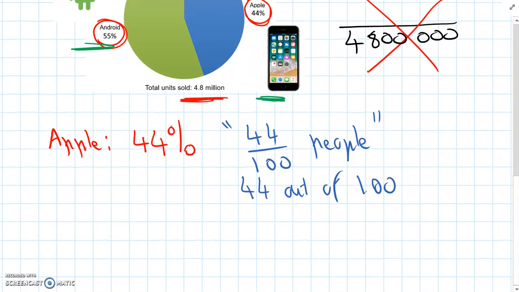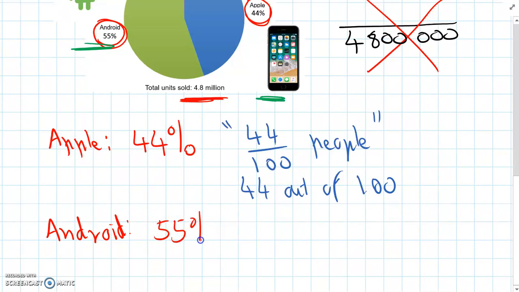For Android, we had 55%. So for Android, out of 100 random people, 55 will be buying an Android phone, any of the Android brands.